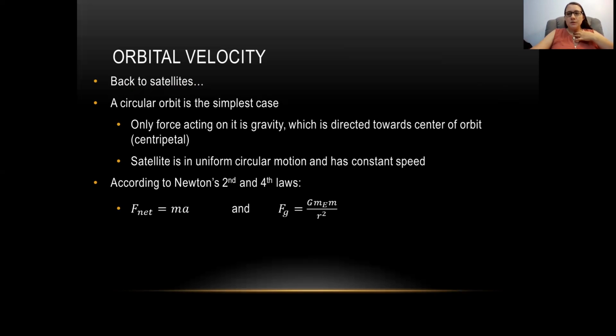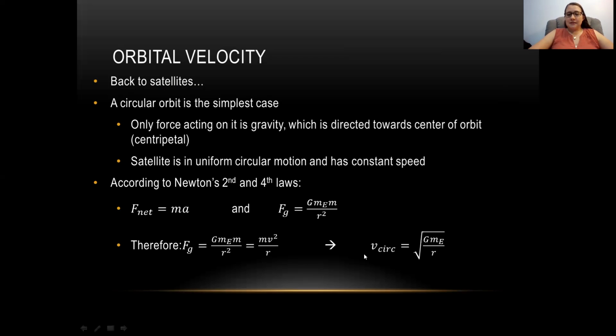So we can use what we know about Newton's laws, right? Newton's second law and Newton's fourth law, this universal gravitation law. So if our net force is mass times acceleration, and gravity is GMm over r squared, then gravity, GMm over r squared, is our centripetal force, which is calculated as mv squared over r.